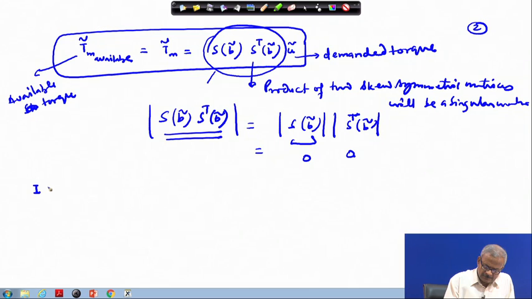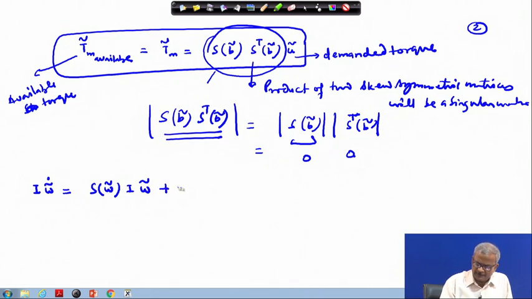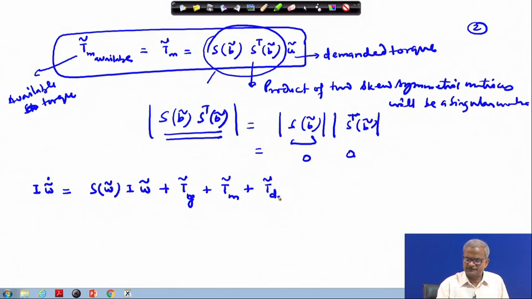In the attitude dynamics equation we have written I times omega tilde dot equal to S omega tilde times I omega tilde plus T gravity gradient torque plus T the magnetic moment torque plus T tilde disturbance, which can be modeled because of the torque arising from the solar radiation pressure and the aerodynamic one.